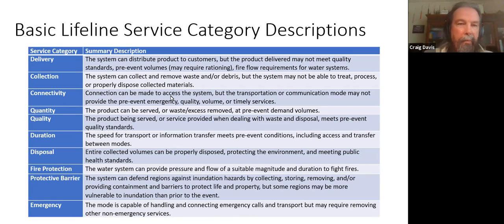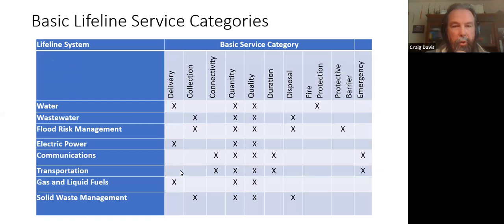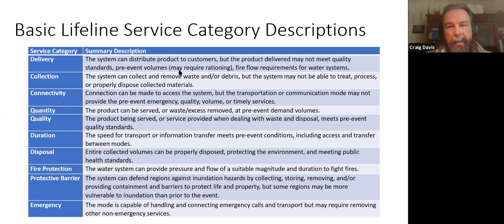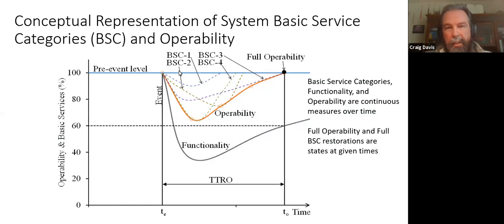As one example, delivery for water means the system can distribute product to the customers. The delivery includes more than just water. Delivery includes electric power and gas and liquid fuels. So they deliver the product. Those are the definitions.